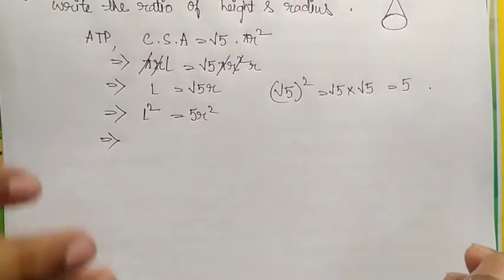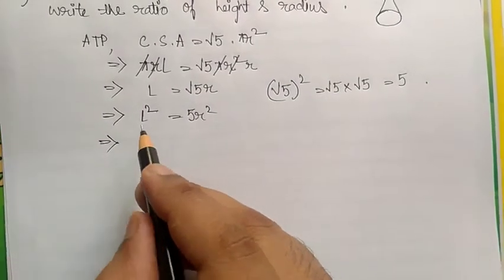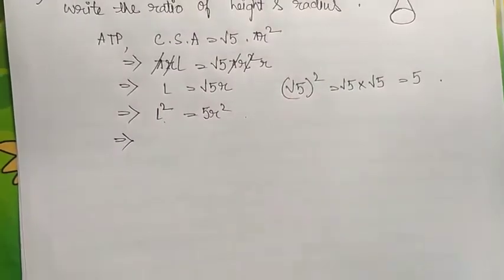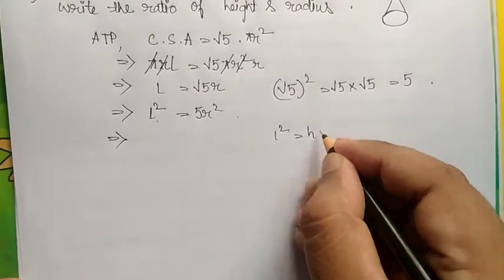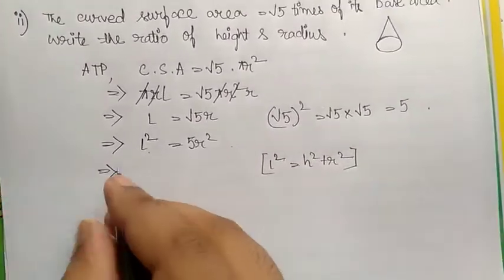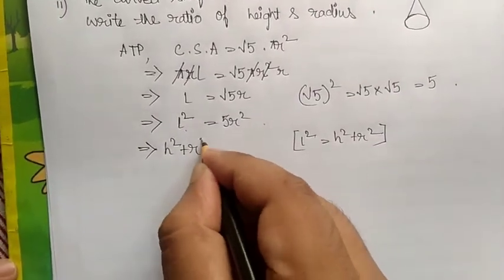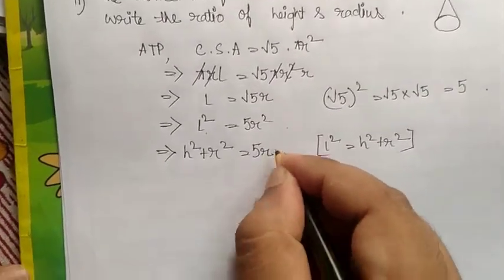After that, we know the relationship between slant height, radius and height is always L square equal to h square plus r square. So here we have to put h square plus r square equal to 5 r square.